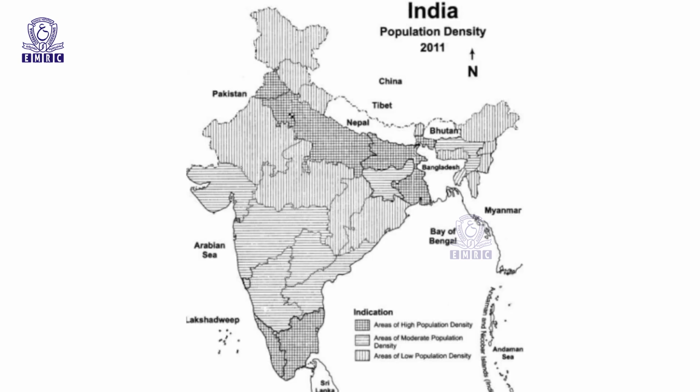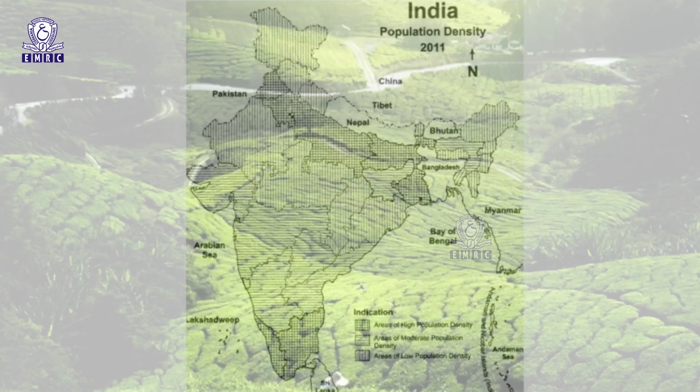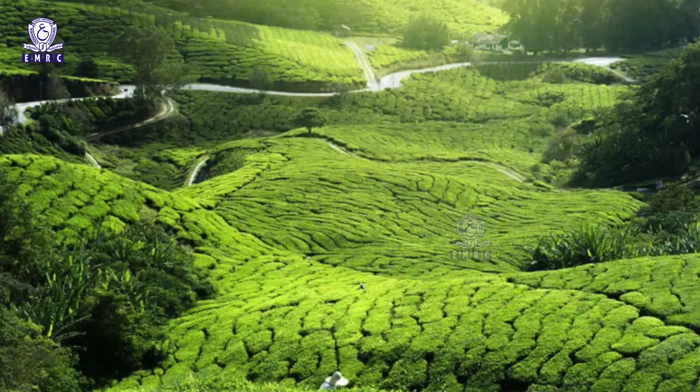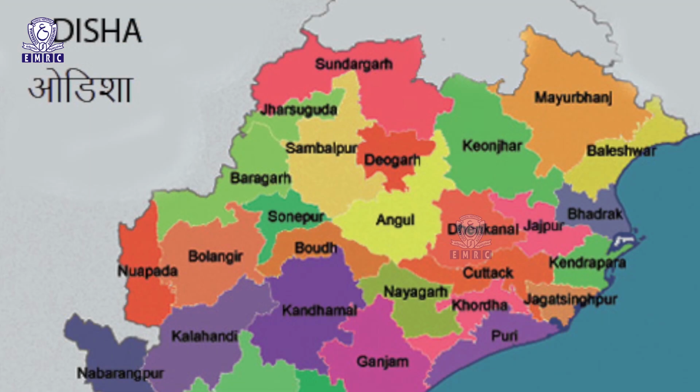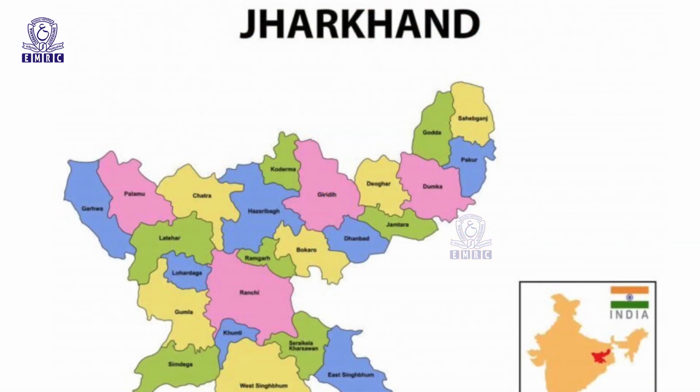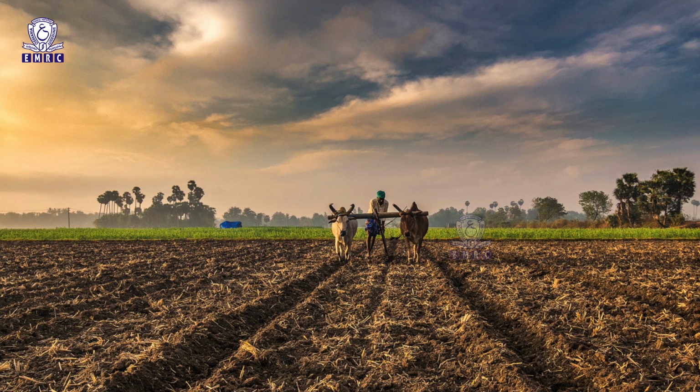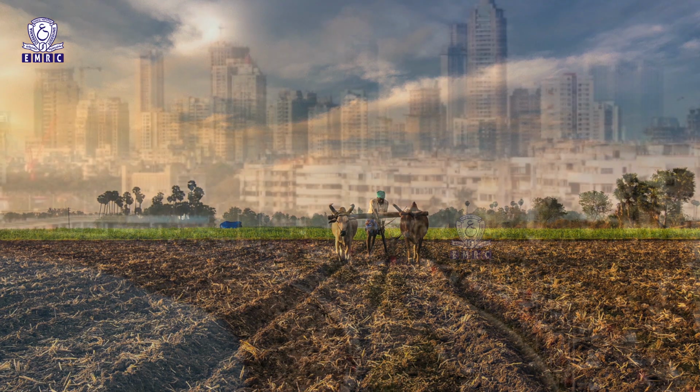These areas are wide apart from one another and there are different reasons for moderate density of population in different areas. For example, Assam has tea estates, whereas Andhra Pradesh, Telangana, Odisha, Karnataka and Jharkhand have agricultural and mineral resources.